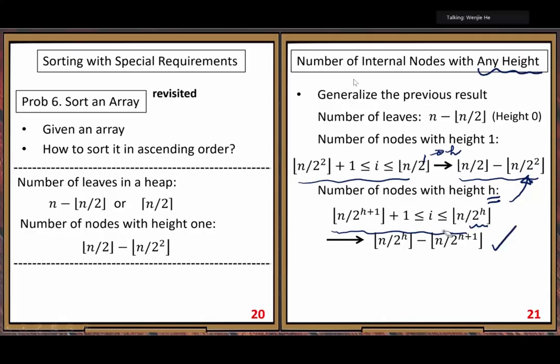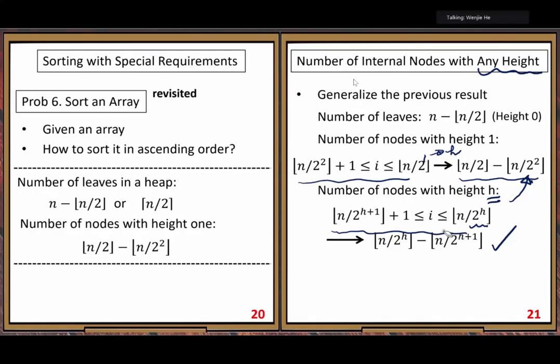After we have this formula, we are ready to estimate the building cost. When you build a heap, how many operations, how many comparisons?